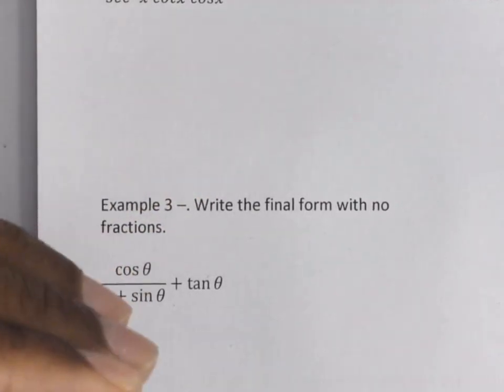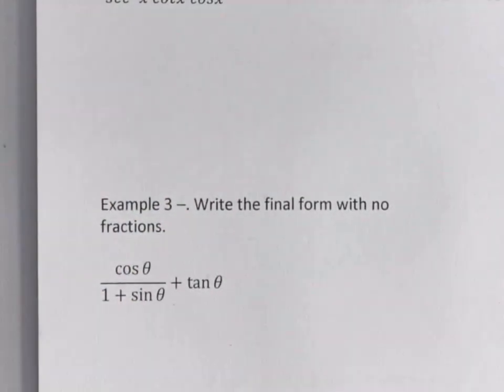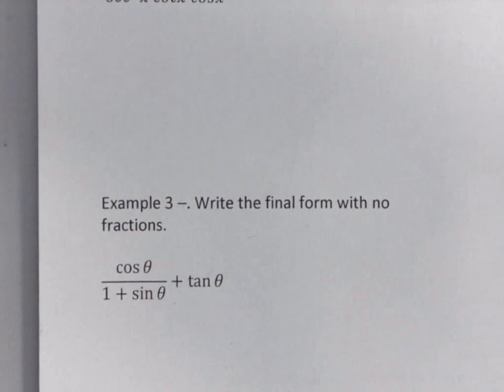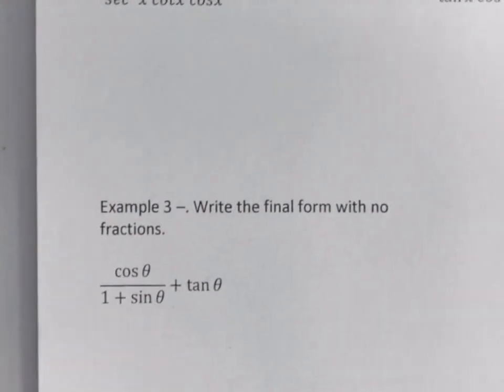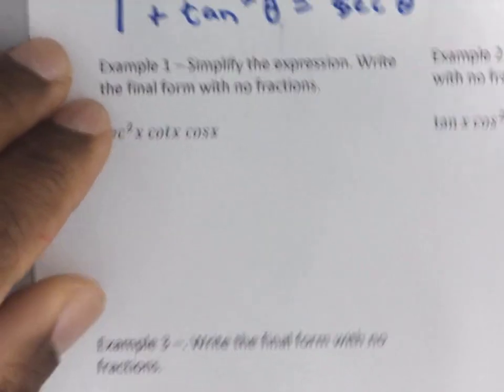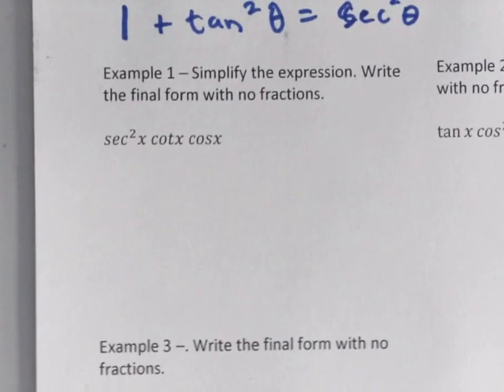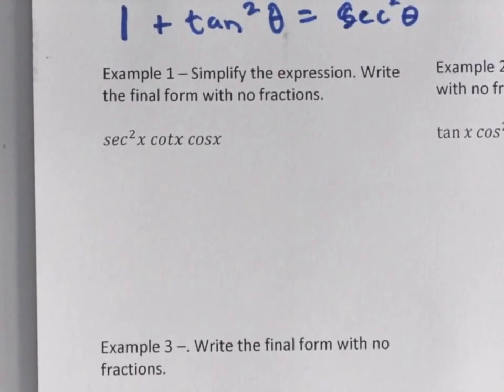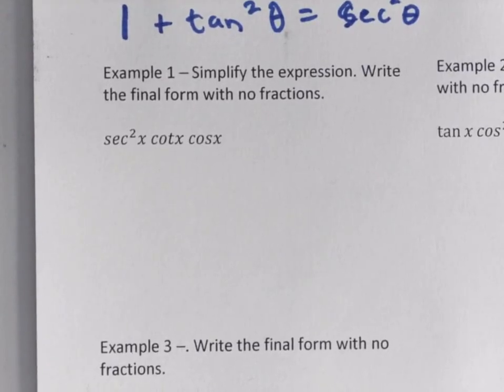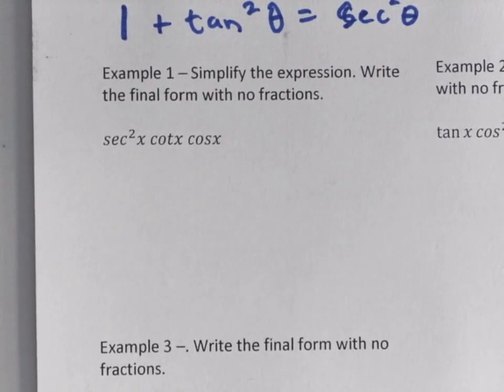We normally want to get it into just one term if we can, without any fractions. Our identities will help us do this. It's kind of like proofs in geometry, where you started with something and had some destination you wanted to get to.